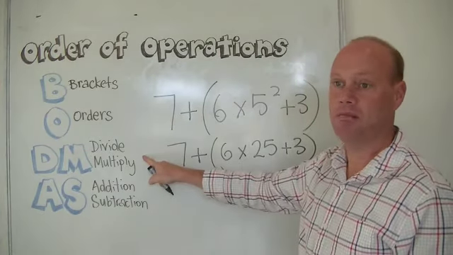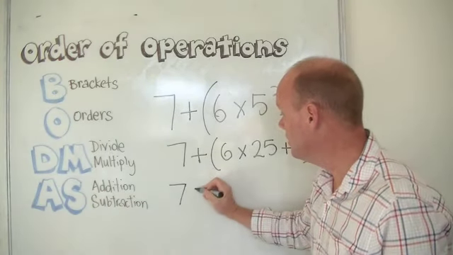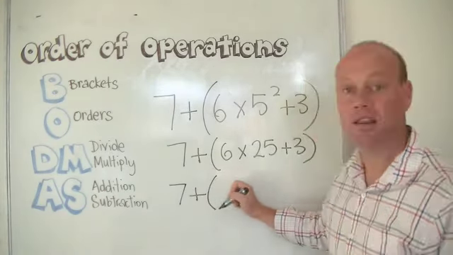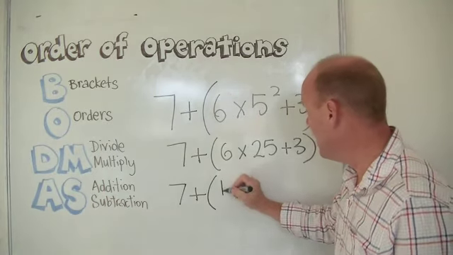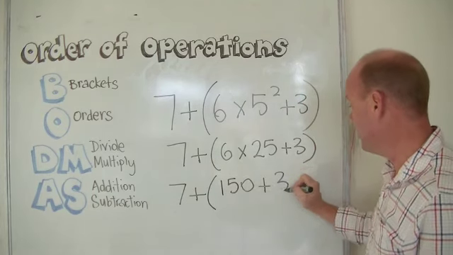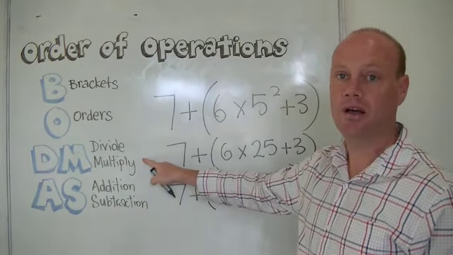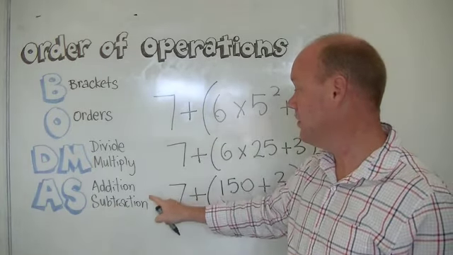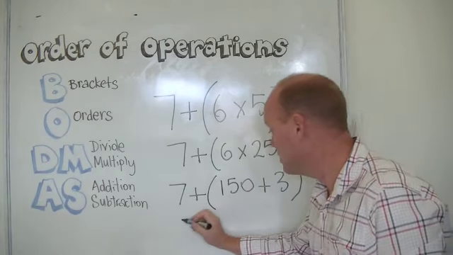Next we have a multiplication problem. So 7 plus, we're still in the brackets, 6 multiplied by 25 is 150 plus 3. Okay, there's no more divide and multiply, so our next step is to move on to addition and subtraction. But we're still working within the brackets first.